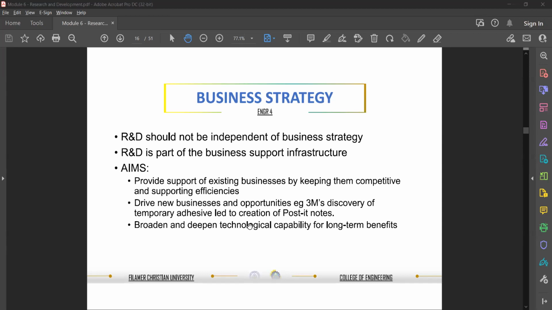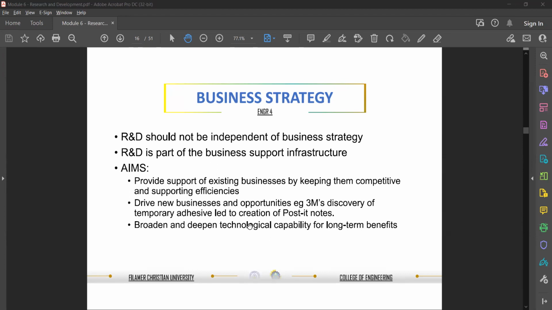Di ba? The sticky note, the Post-it. 3M, that company, was the one that discovered temporary adhesive. With that discovery they created the Post-it or sticky note.